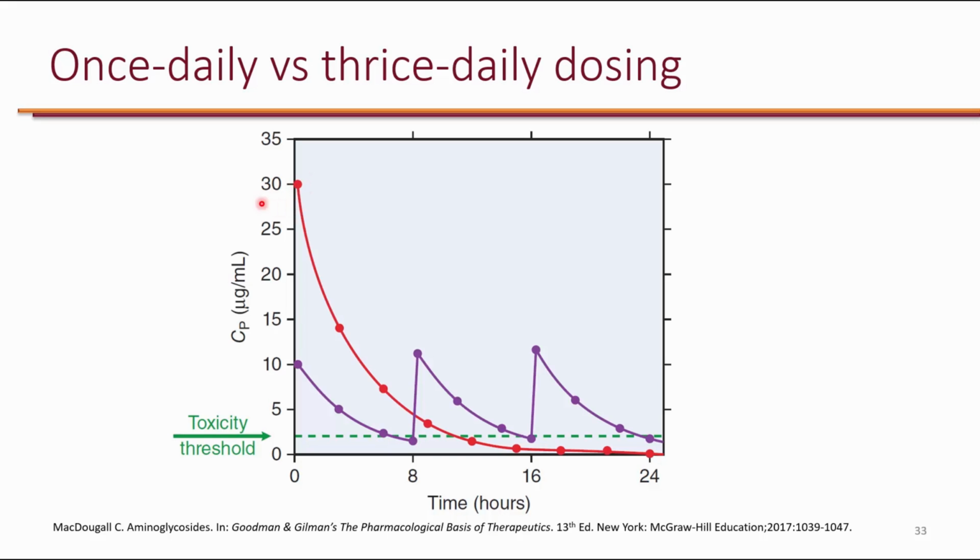Because you only do it once a day, that gives you 24 hours for the levels to drop and go below the toxic range. And because of the post-antibiotic effect, it's okay to wait until the next day to give the next dose. So not only will this increase efficacy because of the higher peak that's now possible, but it also reduces toxicity.